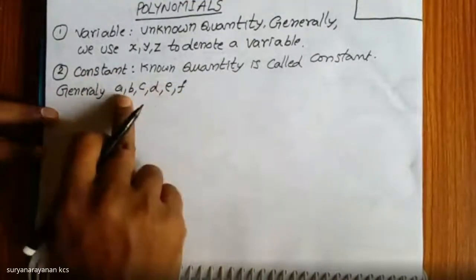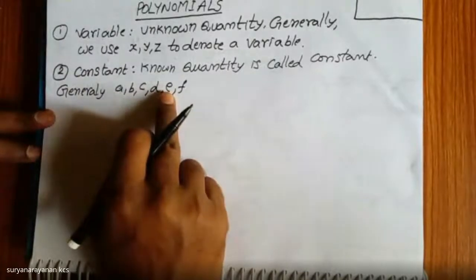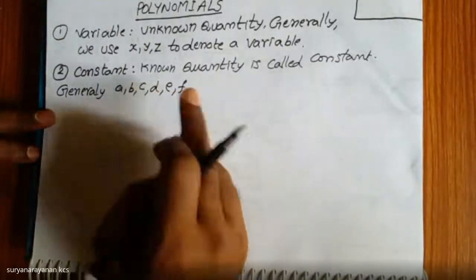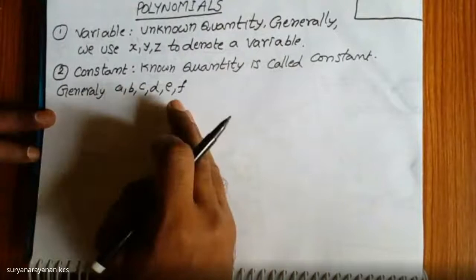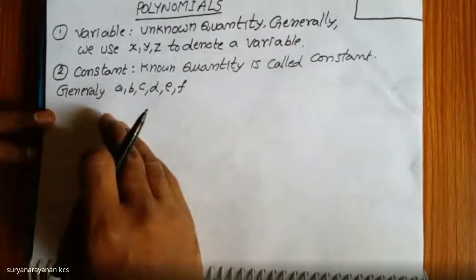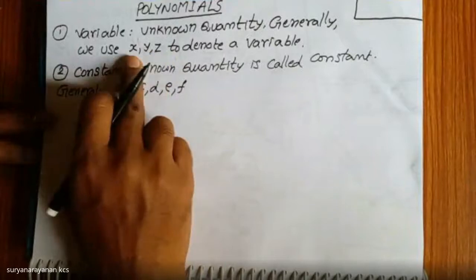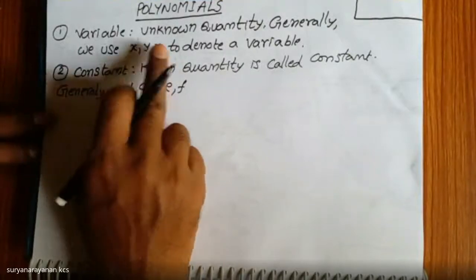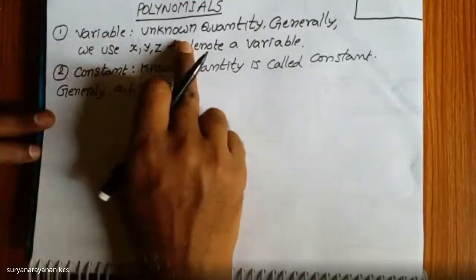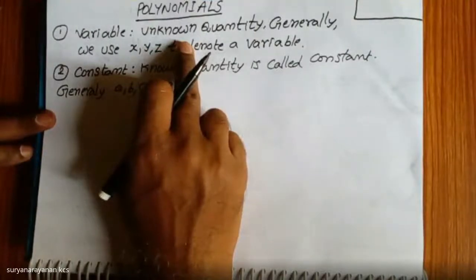Like this, the first five or six letters of the English alphabet are used for constants, and the last five or six letters of the English alphabet are used to denote variables. Okay.